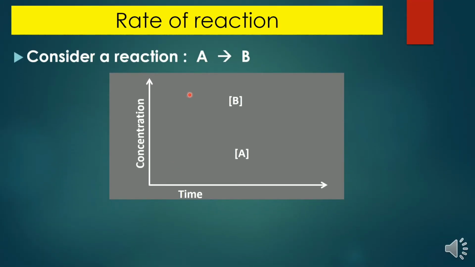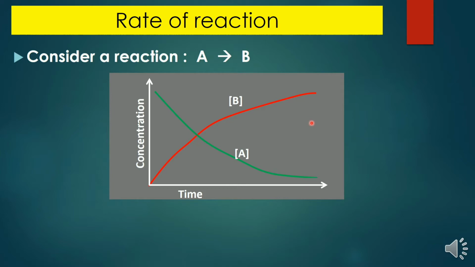So let's say I have a reaction from reactant A to product B. If we draw a graph of the concentration of product and reactant against time, we will get the concentration of reactant decreasing and the concentration of product B increasing.